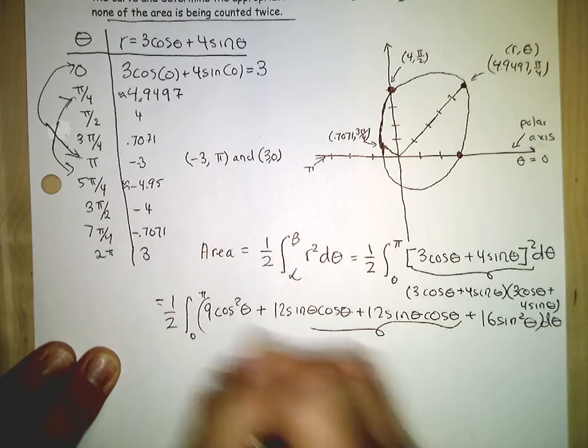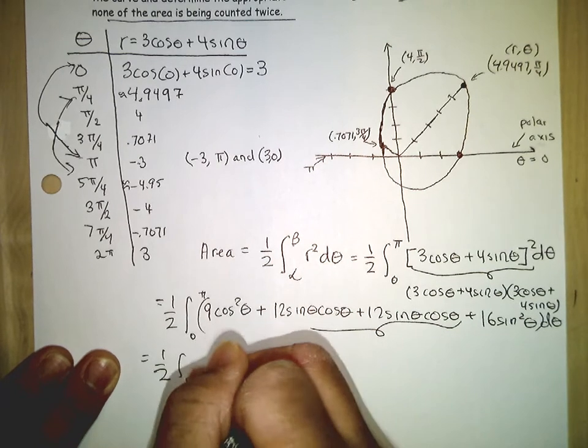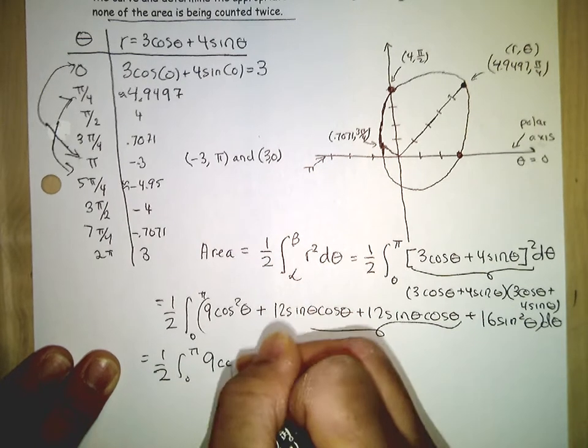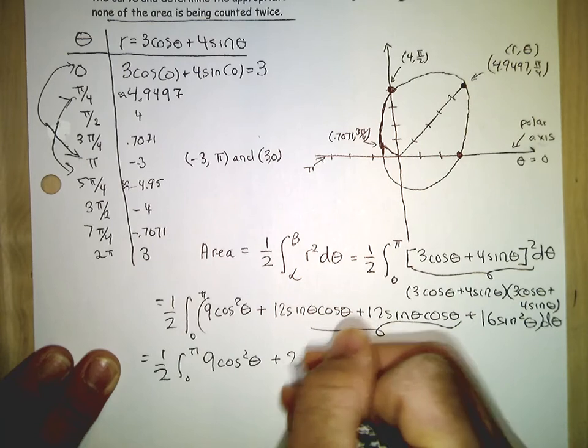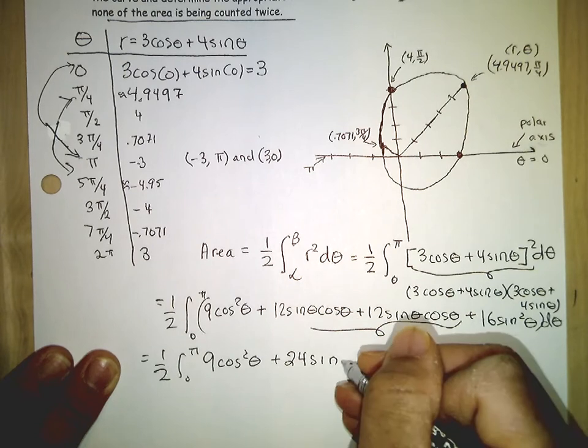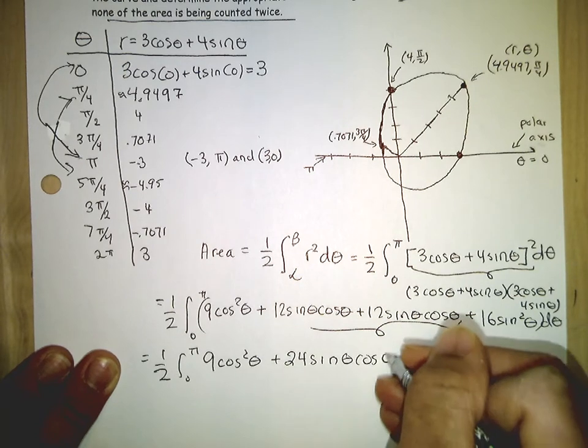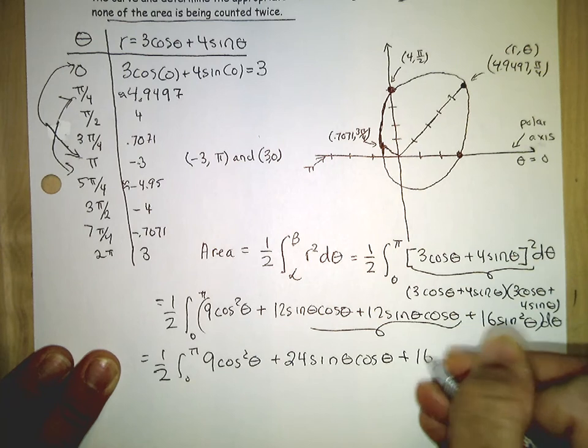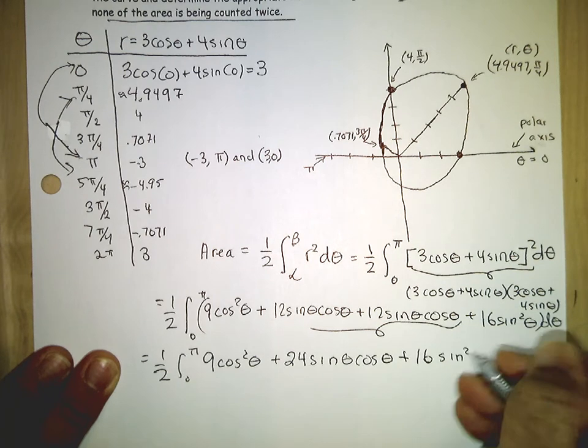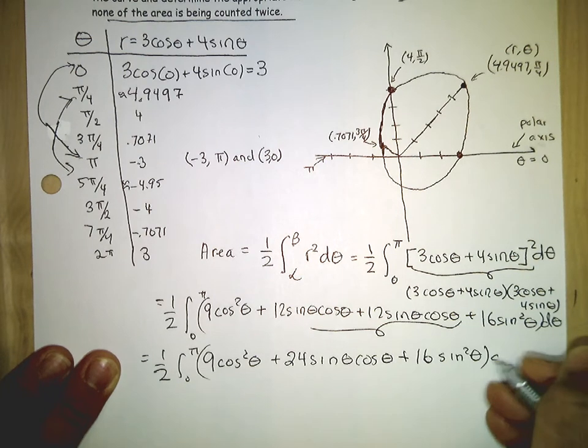I'll combine the like terms, so I have 1/2 integral from 0 to pi of 9 cosine squared theta plus 24 sine theta cosine theta plus 16 sine squared theta d theta.